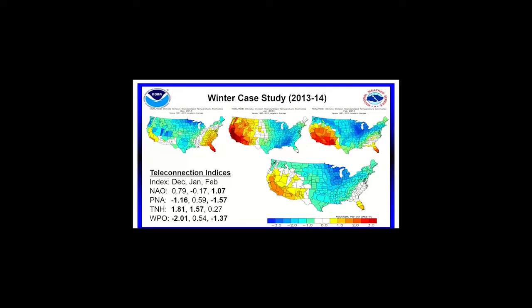January was kind of interesting because it was a transition month and a little bit different. You can see the pattern in December and February is more similar. January was a west-east dipole that was a little more transient, but had really cold temperatures here in the eastern U.S.